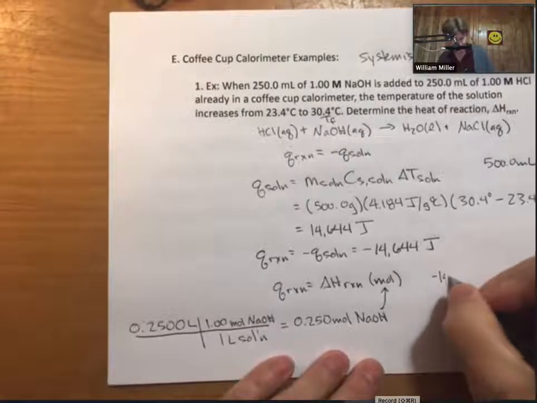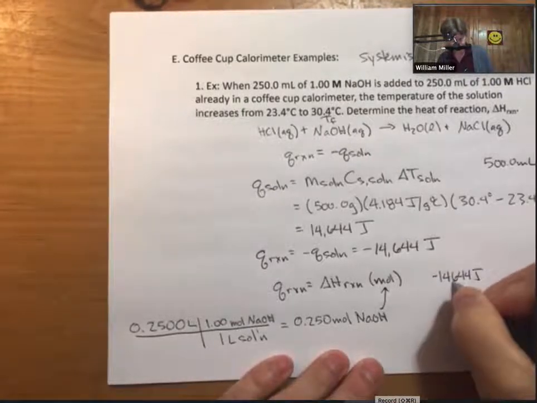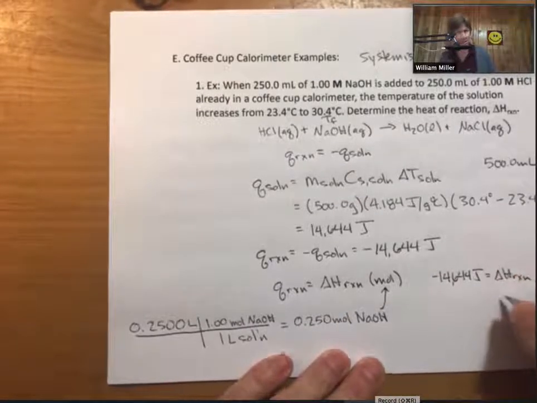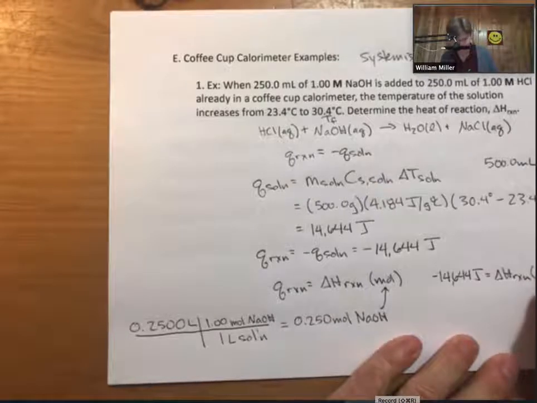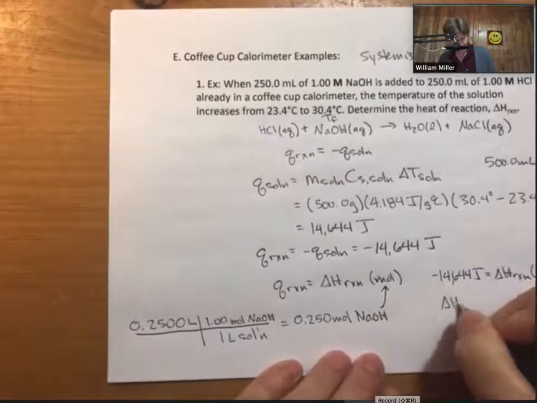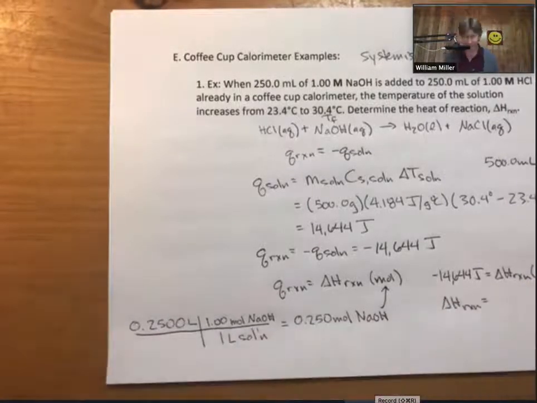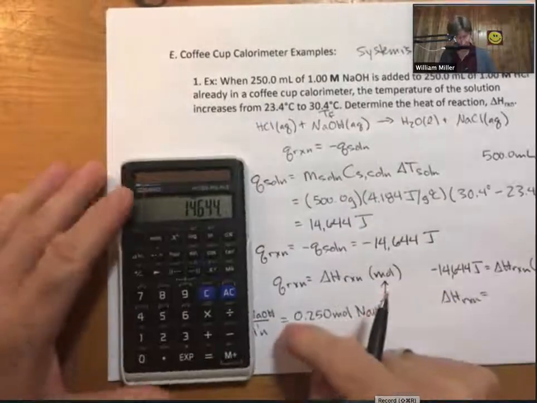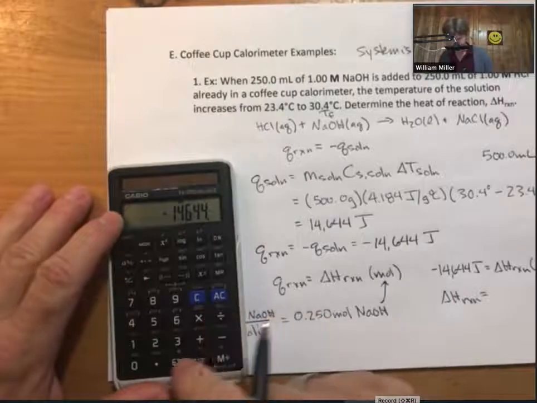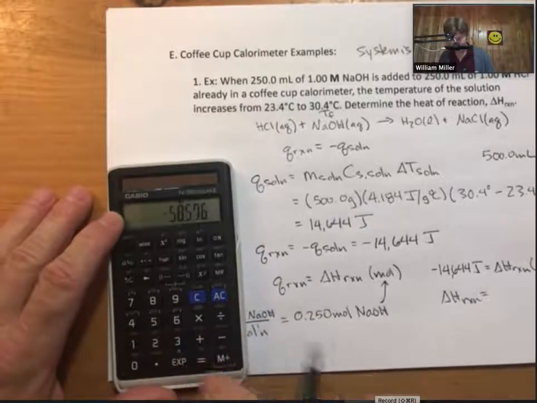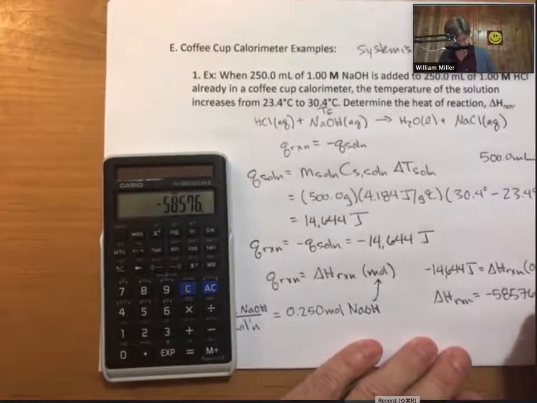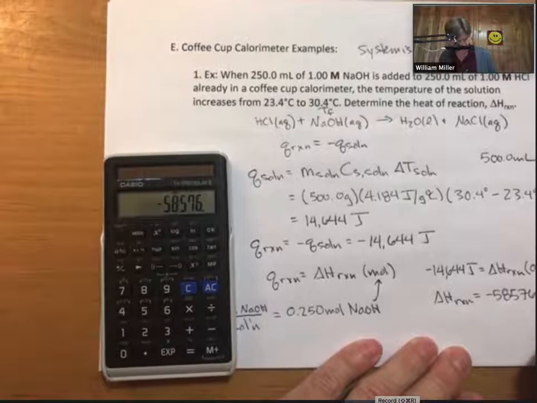So minus 14,644 joules, that's our Q. We don't know our delta H reaction, and we do know our moles. And then our delta H reaction, 14,644, well, with a minus sign, divided by 0.250, we get minus 58,576 joules per mole.